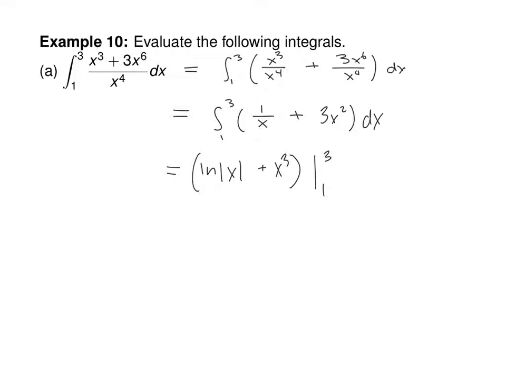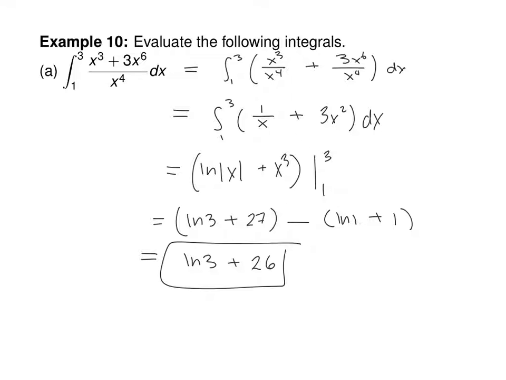All right, first input 3. ln 3 plus 27, right? Minus ln 1 plus 1. You have to know what natural log of 1 is, but you also allegedly passed pre-calculus, so 0. So this is ln of 3 plus 26. Awesome.